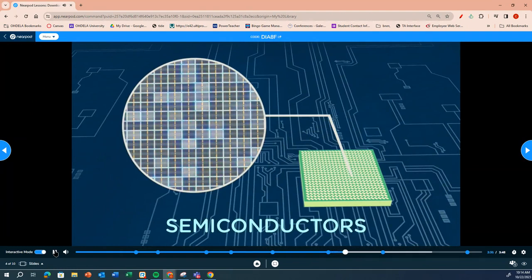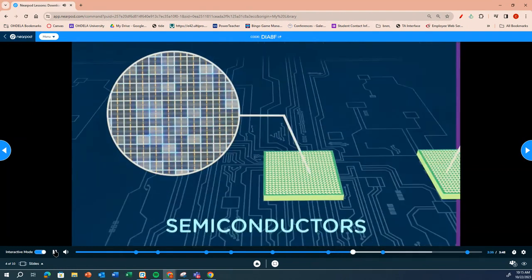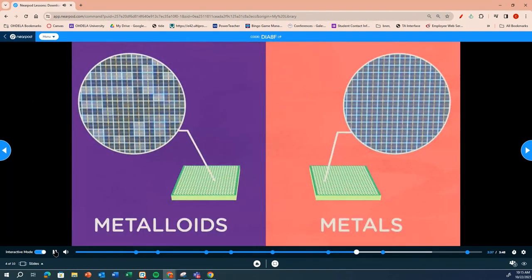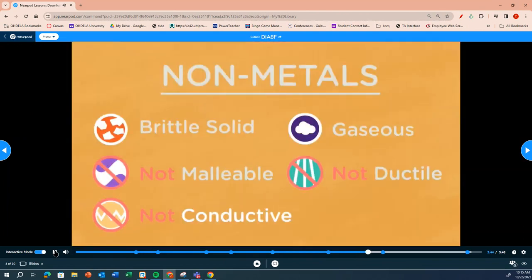Semiconductors allow electricity to pass through your phone's transistors in a controlled manner. If you used metal, too many of your transistors would activate, causing your processor to malfunction. The properties of nonmetals are the opposite of metals. They're brittle solids or gaseous at room temperature, and they're not malleable, conductive, or ductile.